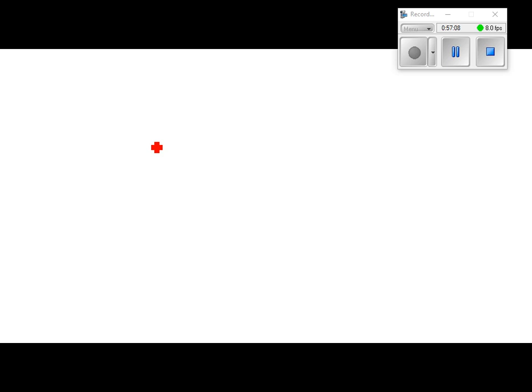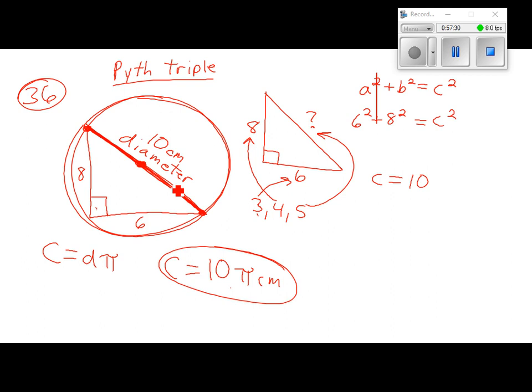Name a radius not drawn as part of the diameter. Would that just be like D? No, because that's a chord. They made a diameter. You could split it up into 2 radii, right?